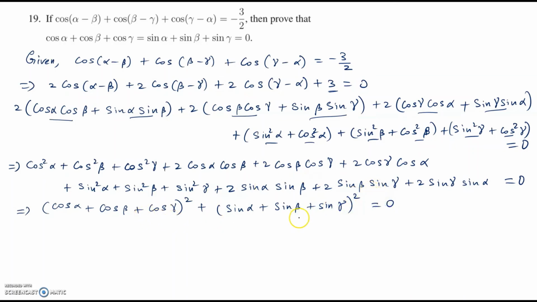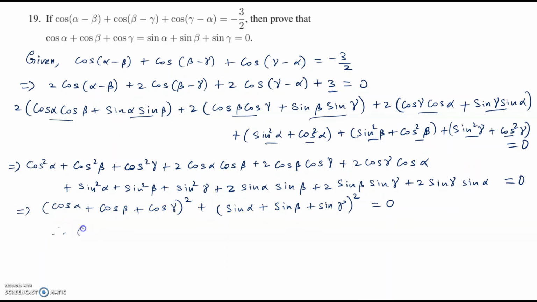Now you have two square terms and you have to add them up. The two square terms will always be positive, and if you add them you will get a positive number. So this condition is only possible for this term to be equal to 0 if this is equal to 0 and this is equal to 0.